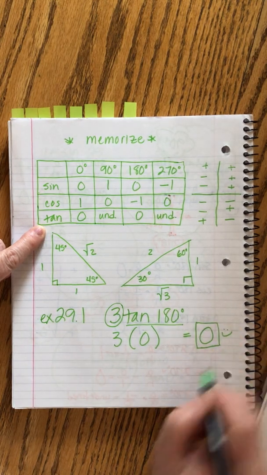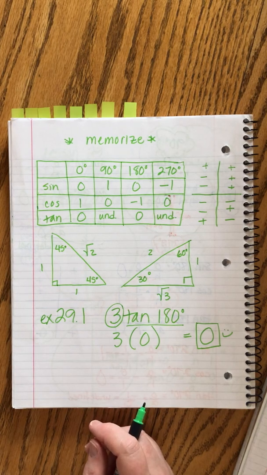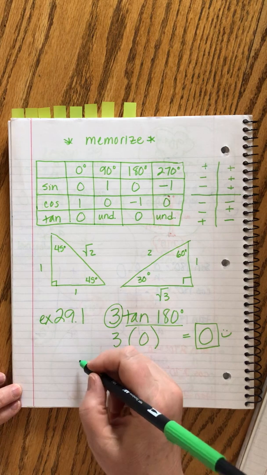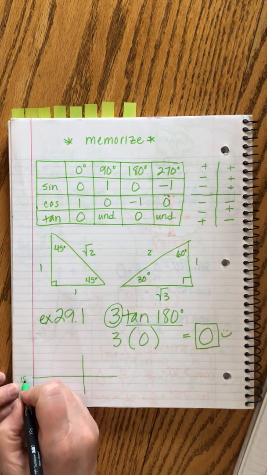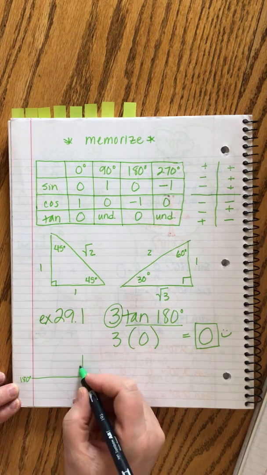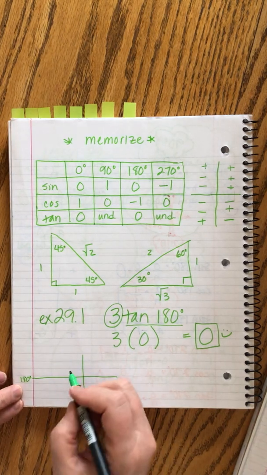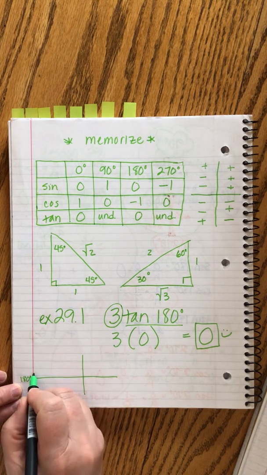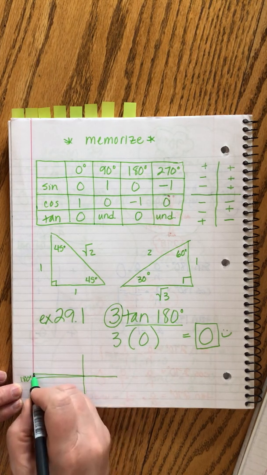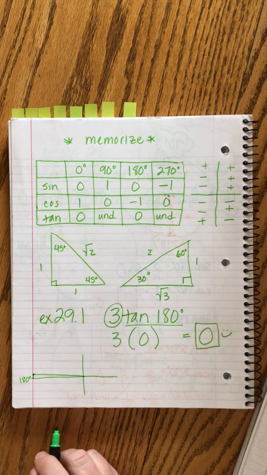Okay? That's super easy. Now, if we wanted to draw the diagrams, I will walk you through that. 180 degrees is over here, right? 90, 180. And if we were drawing an itsy bitsy little triangle to a point really close to 180, we'd draw it like that, wouldn't we?